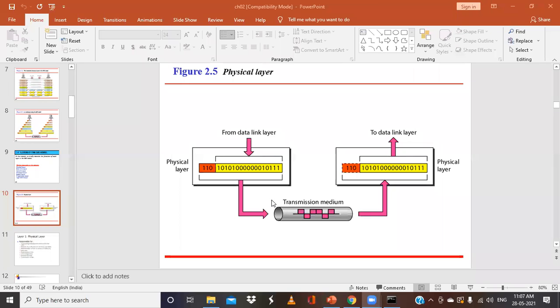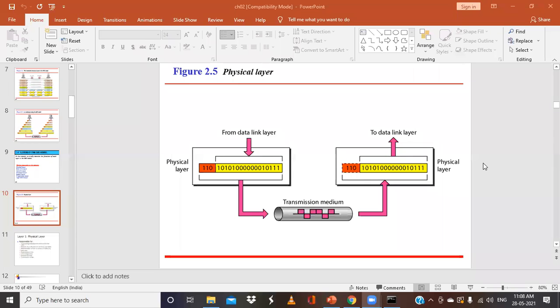Whenever you send data over wires, you have to convert it into binary. Because the two systems are physically connected with cable connections, it will take that data and make it into zeros and ones, and that will be transferred to the destination side. Again at the destination side, it will take this bit pattern and send it to the data link layer. So this is the brief overview of the physical layer.